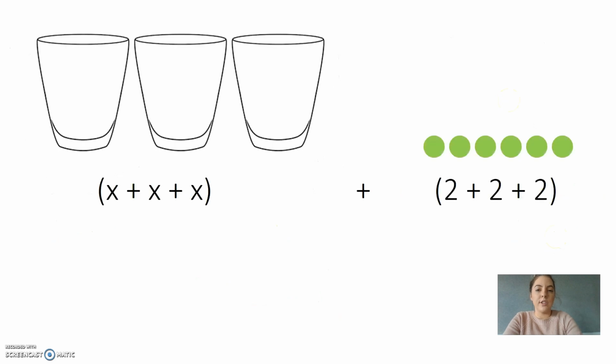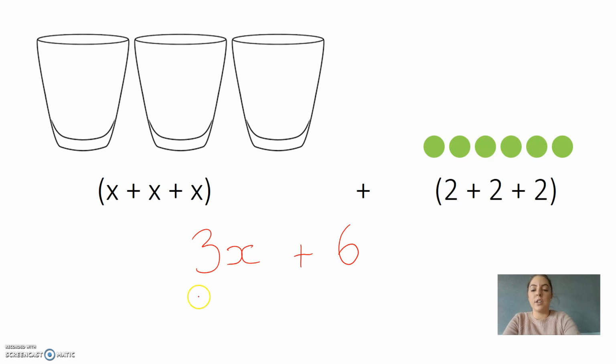If we were to rearrange that, so we put the 3 cups together and the 3 lots of 2 dots together, we end up with 1, 2, 3 cups, 3x, plus 2, 4, 6, or you could count 1, 2, 3, 4, 5, 6, plus 6.